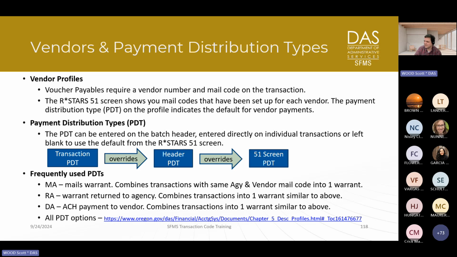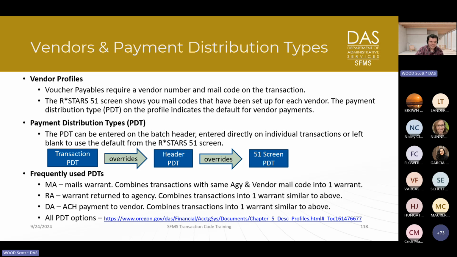These all combine transactions with the same agency and vendor mail code into one warrant, but they change where and possibly how the warrant is distributed. MA mails the warrant directly to the vendor, RA returns the warrant to the agency, and DA processes an ACH payment into the warrant.